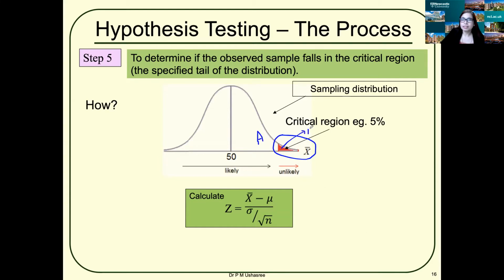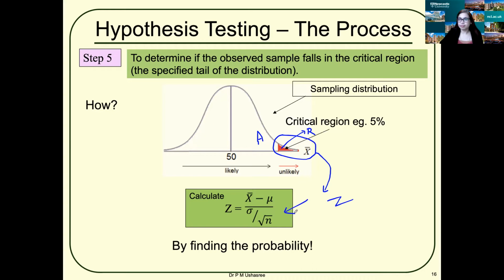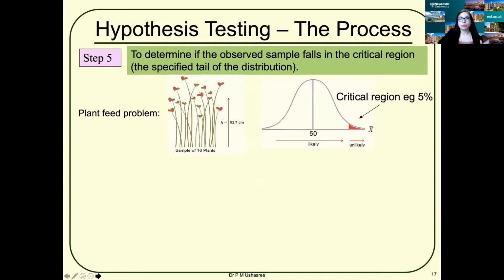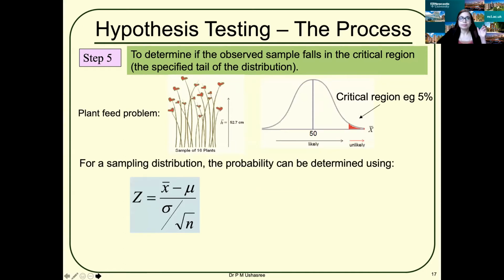And to see that, you need to find the probability. And to find the probability, we have to transform this into a standardized normal distribution using this transformation formula. Okay, now for the plant feed problem, we can transform this distribution into a standardized normal distribution.